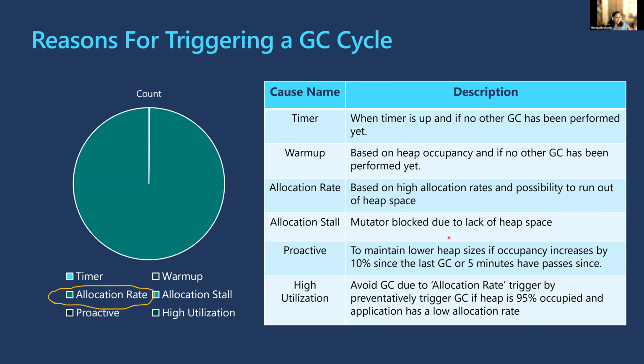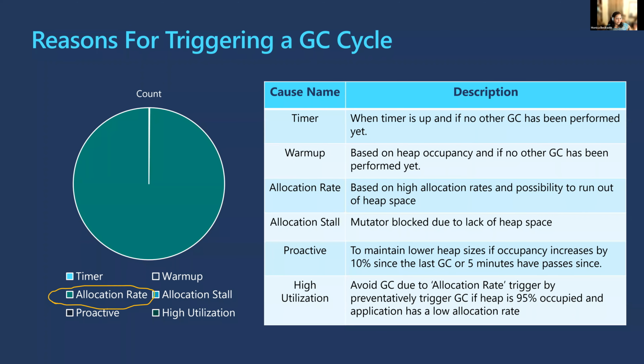And then there is something called proactive. It's like, I guess I had nothing to do for the last 5 minutes, and I think the occupancy is slowly rising. Let me just be proactive and do a collection so that I don't get pummeled with GC collections later on. So these are the phases of CGC, and that's the adaptive nature of CGC that I wanted to cover.